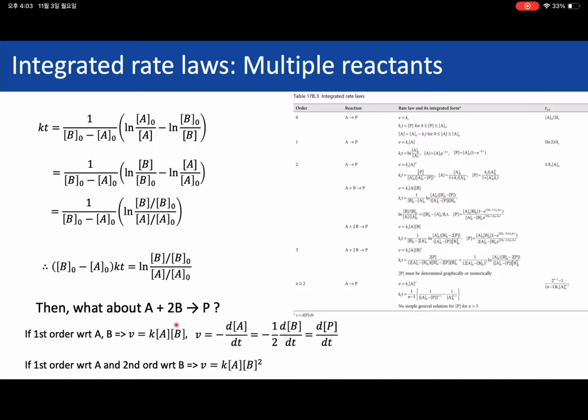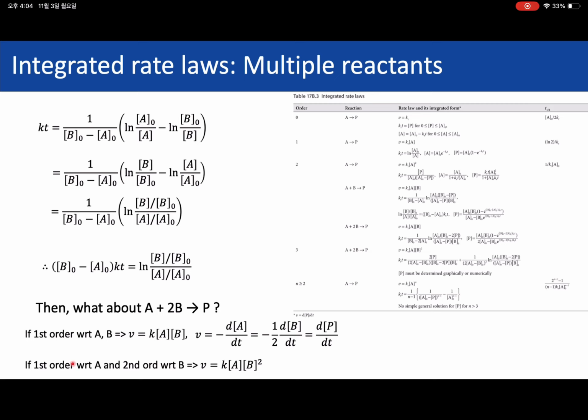There is also a solution for the A plus 2B case, which is here, and showing this resulting equation is a homework problem. Starting from here and following the steps that I showed on the previous slide, you can easily find this final relation.